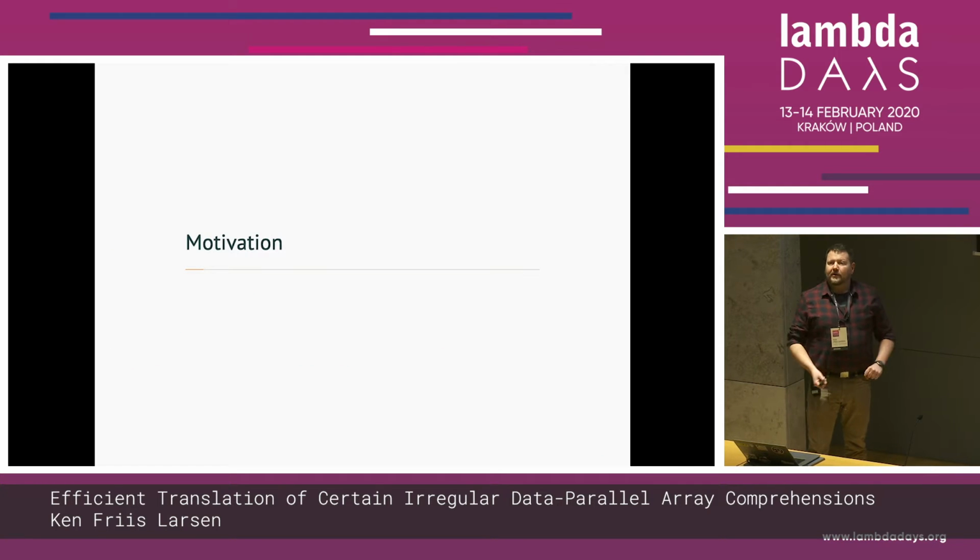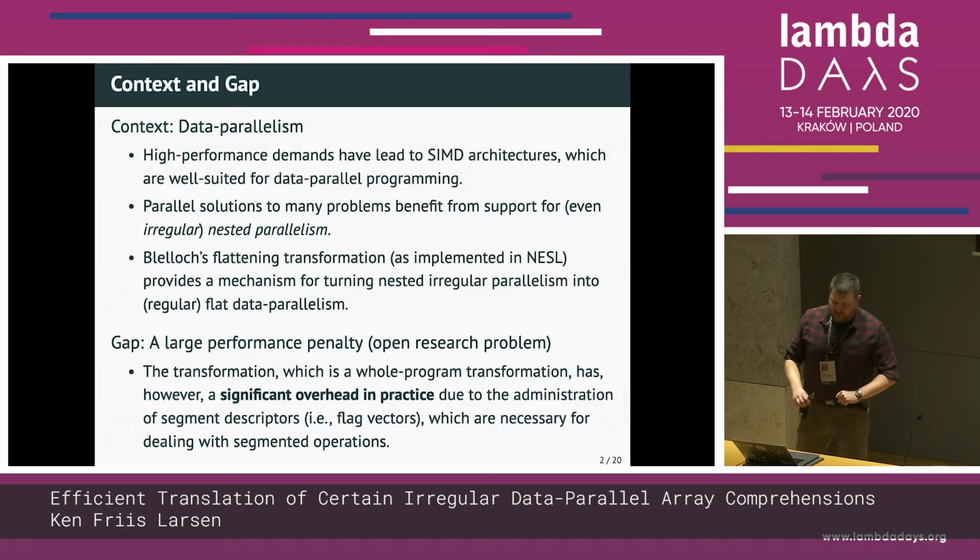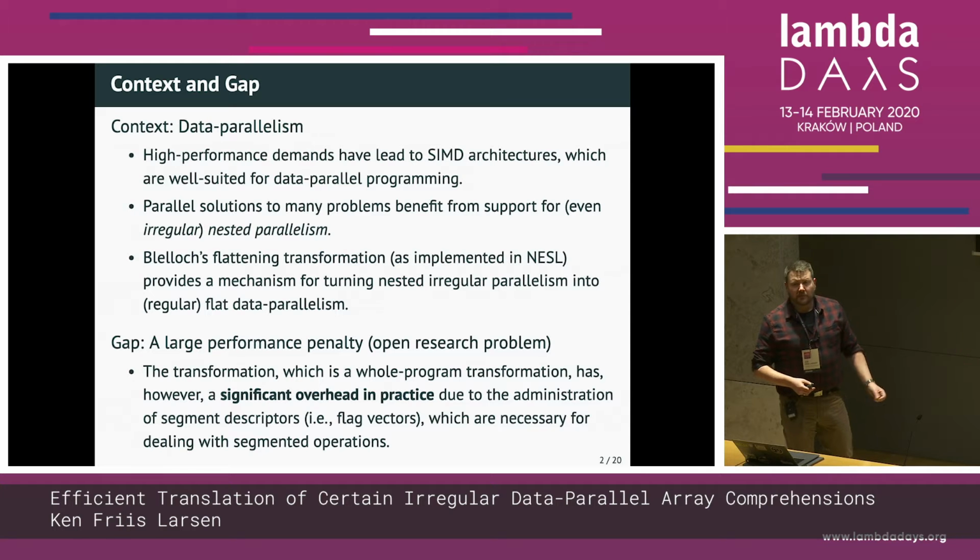So, why are we doing this? We're doing this in the context of a parallel functional programming language, and we're not talking about concurrency. We are talking about data parallelism.